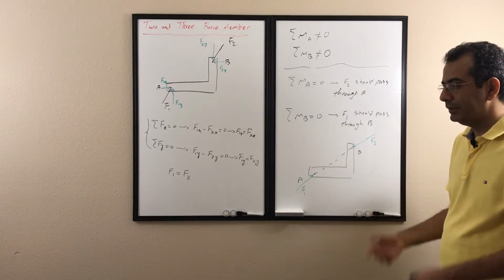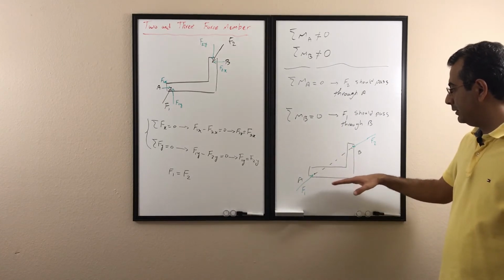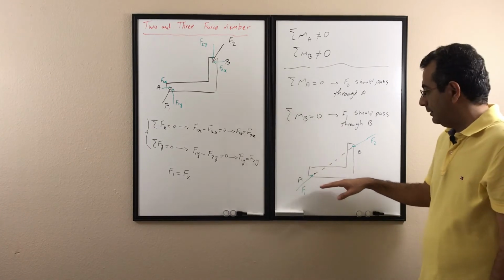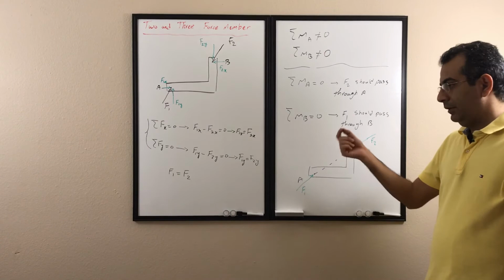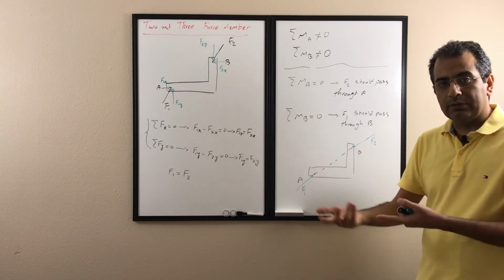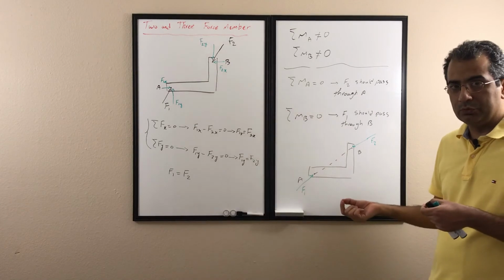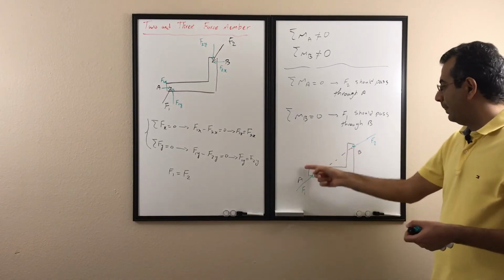In any other case, it cannot be in equilibrium. And this is very important. Try to remember that, because later on when we start to talk about trusses, that is the concept we use to start analyzing the truss members, because truss members are two-force elements, and we use these concepts.